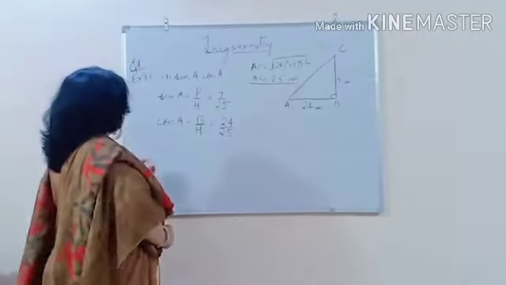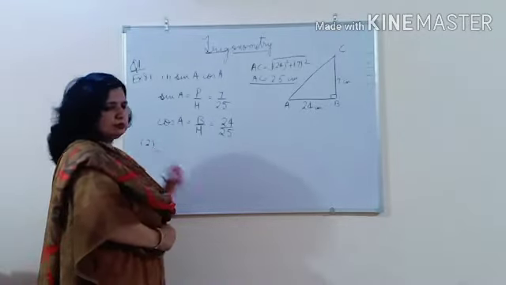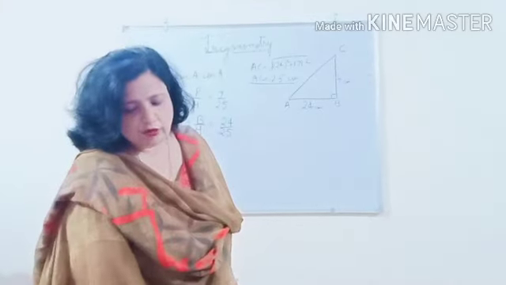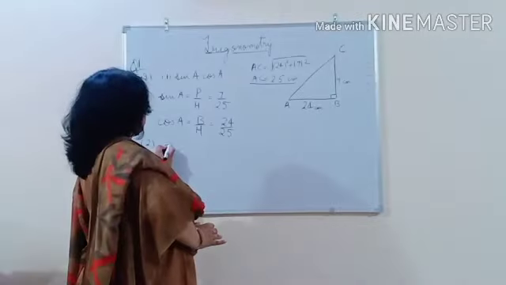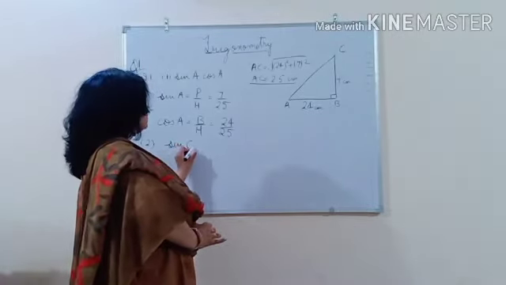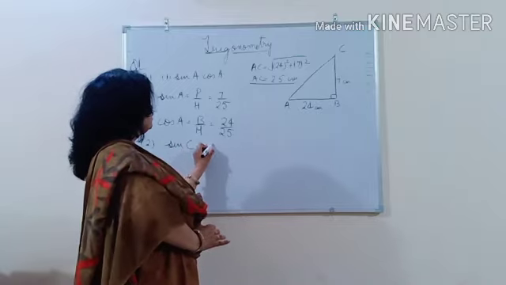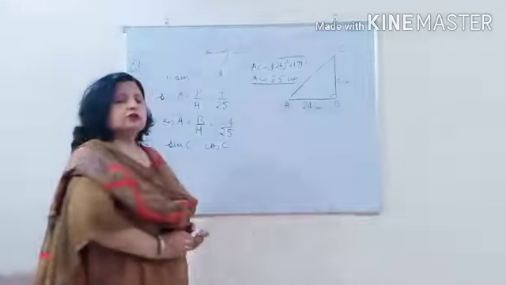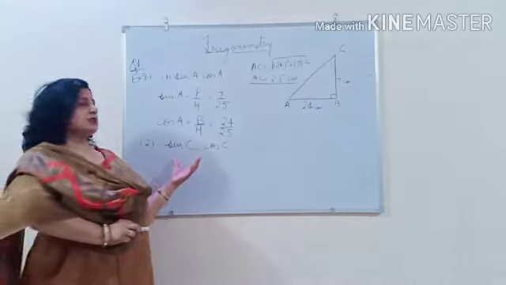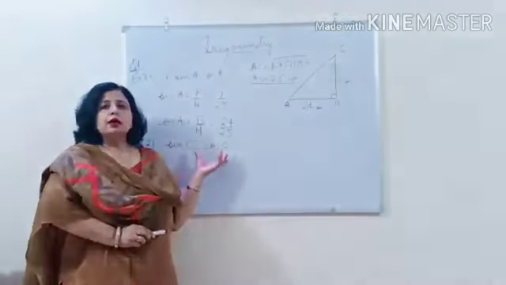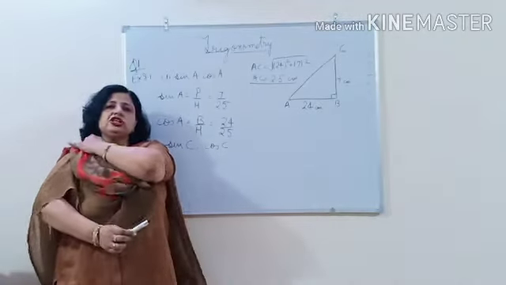Now let's see the second part of the same question. In the second part you have to find sin C and cos C. Here the trigonometric ratios are sin and cos, but the angle has been changed.